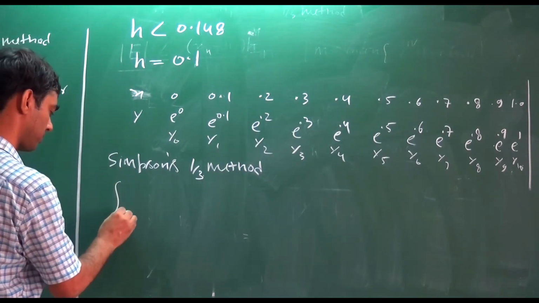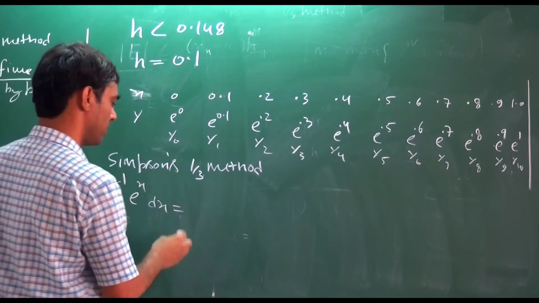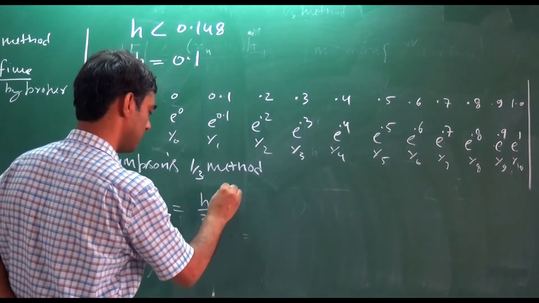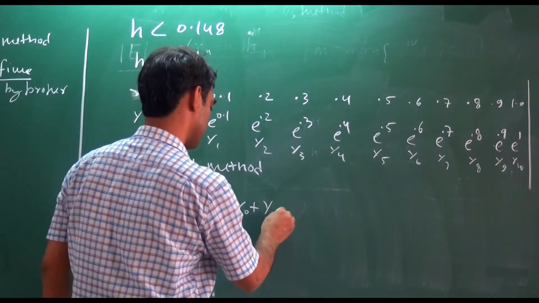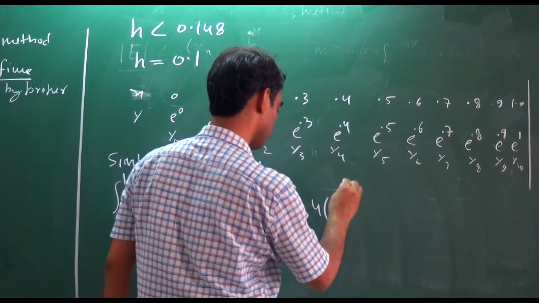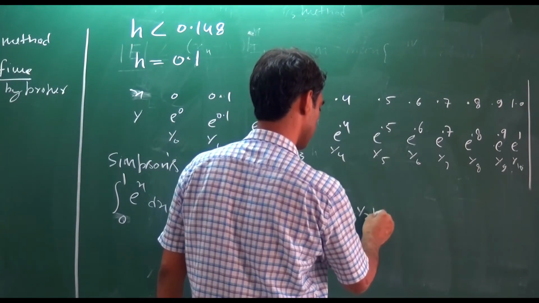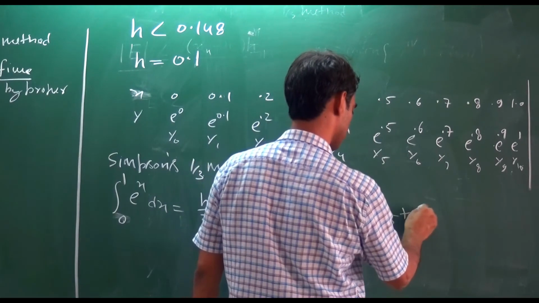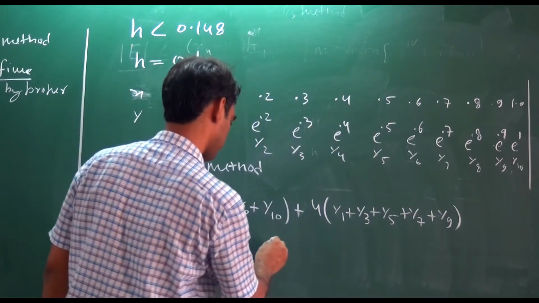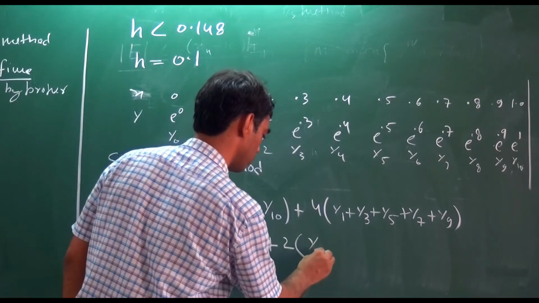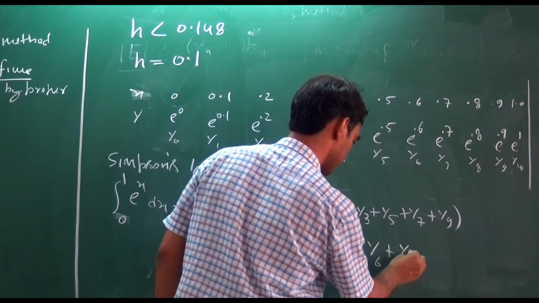x0 to xn means integral 0 to 1 e to power x dx equals h by 3 inside y0 plus yn, that is y10, plus 4 times of y1 plus y3 plus y5 plus y7 plus y9, plus 2 times of y2 plus y4 plus y6 plus y8.